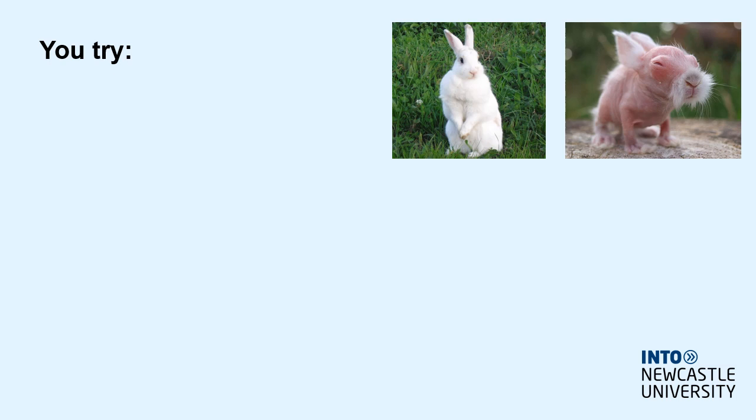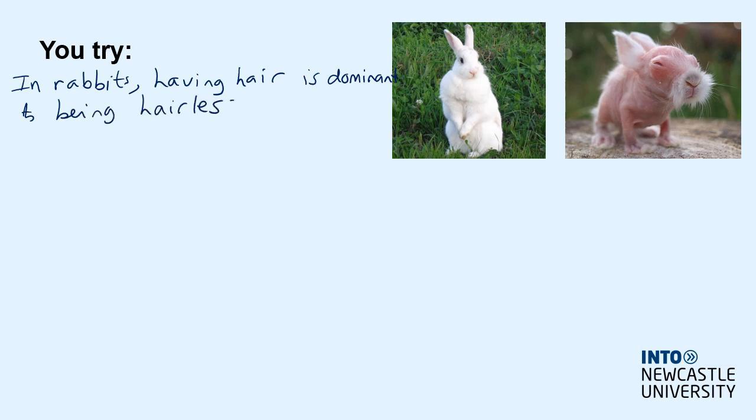Okay, it's your turn to have a try now, and I've picked you a particularly weird looking cross. What we're looking at here is some rabbits. In rabbits, having hair, I guess technically it's fur, having hair is dominant to being hairless. If we wrote that down, big H is dominant to little h.